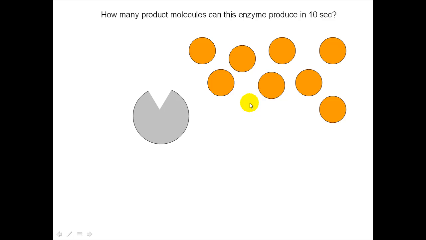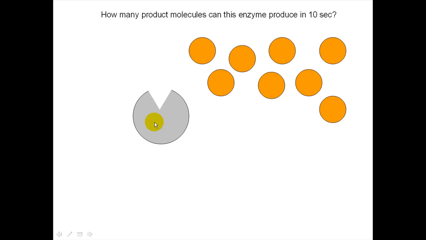There's going to come a point though where this enzyme is basically going to be working the fastest that it can. In other words, as soon as it converts a substrate to product and that product leaves, immediately another substrate is going to come into that active site to be worked on. When you hit that point where the enzyme is working as fast as it can, it doesn't matter if you add even more substrate.